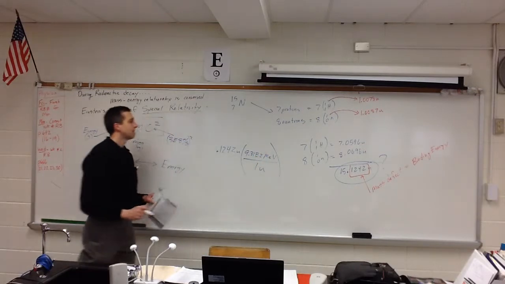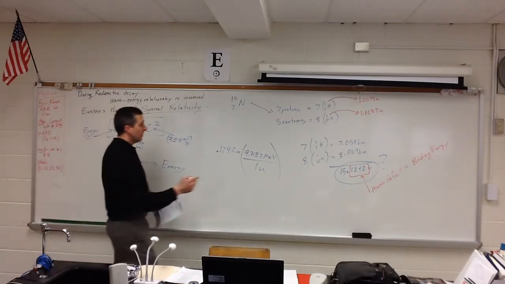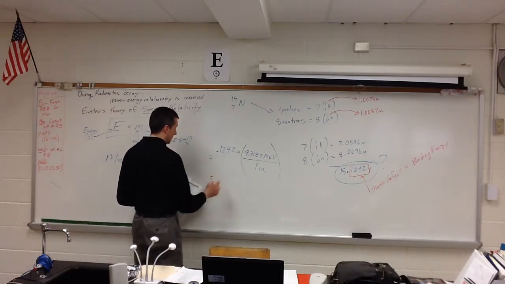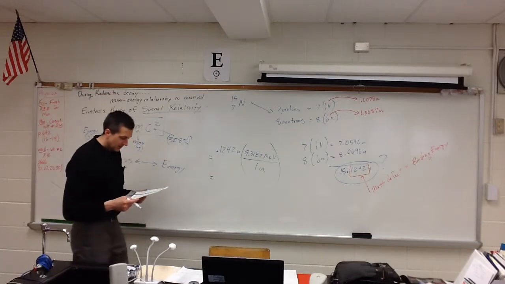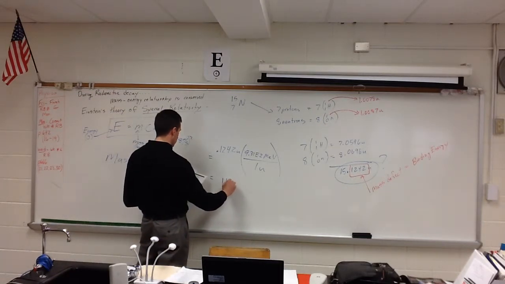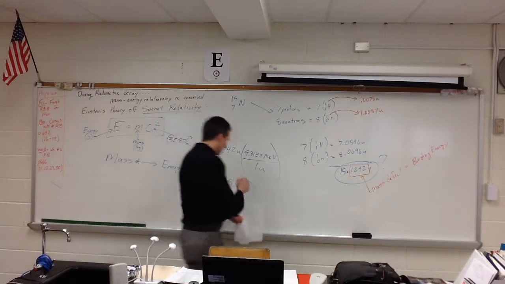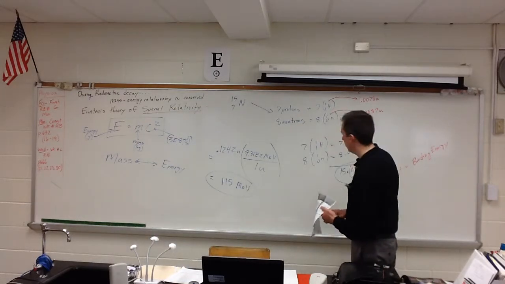That was the conversion we just came up with. And when I multiply this out, it is going to tell me that in fact I have 115 megaelectronvolts of energy. So what's this called again? This is called the binding energy.